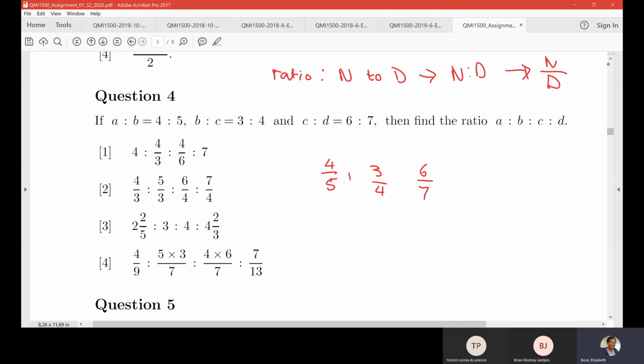To calculate the total of all of them, we need to find the denominator. What is the number that all of them can divide into and not leave a remainder?